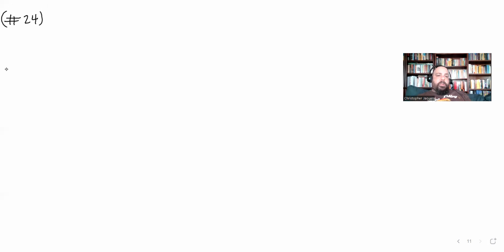And there are 3 parts to question number 24. Before we get to the parts, he says, just for concreteness' sake, let the sum A1 up to AN mean A1 plus A2 plus A3 and so on.